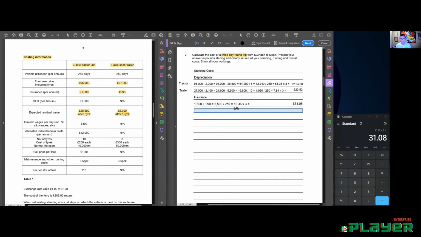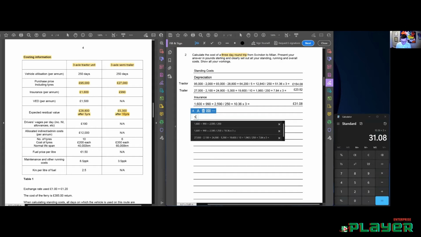No, you're absolutely fine. Next one I've got is VED. I'll put my heading over here as VED. This one's even easier because there's no tax to be paid on your semi-trailer. Your tax is only paid on the motorised unit, which is your tractor unit. So you've got 1,500. That's your VED per year.